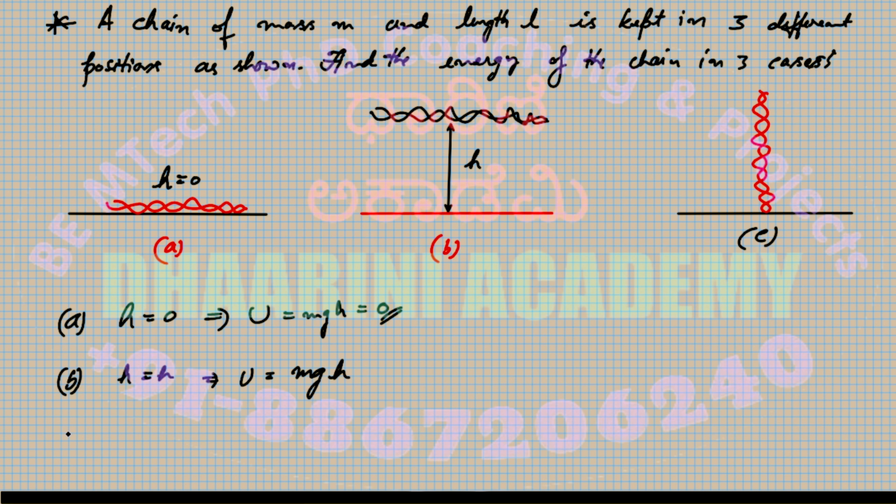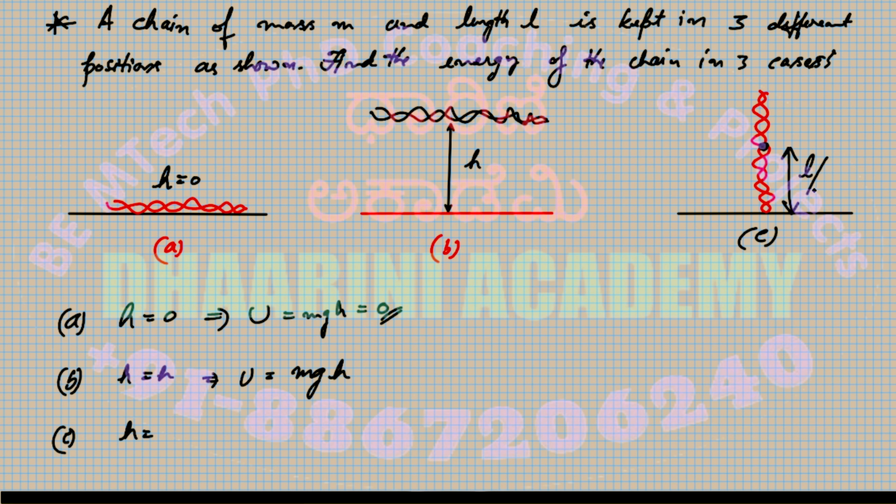Now you see, in the third case, the complete chain is not at a height h. So in such cases you will always represent the mass to be concentrated at the center of the object. Now the total length is L given. So what is the height of the center of mass?